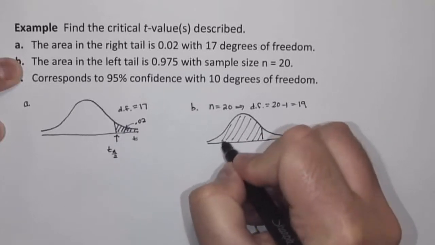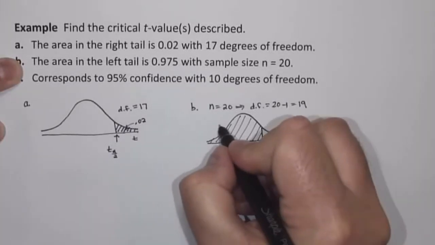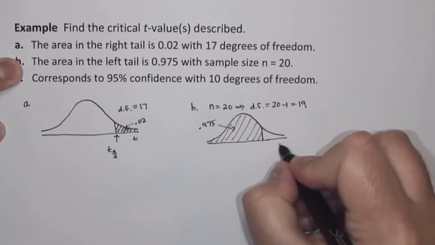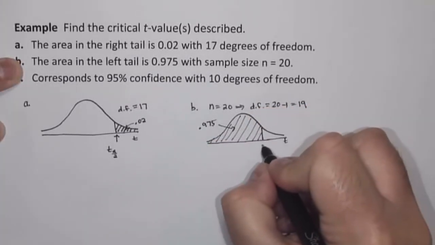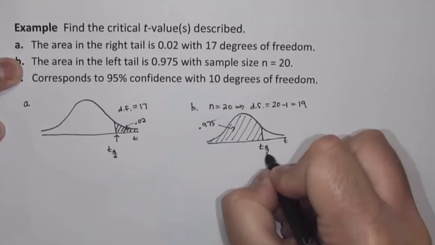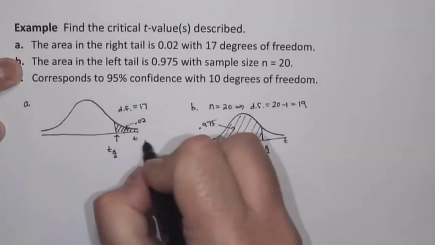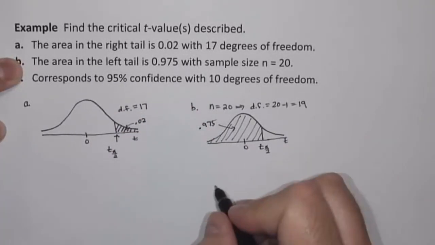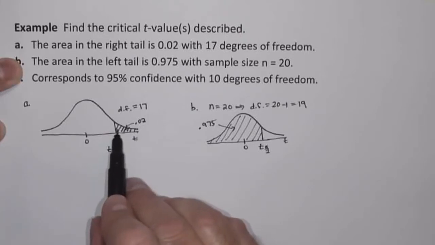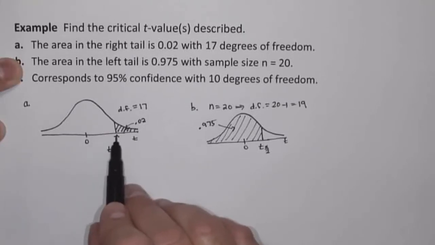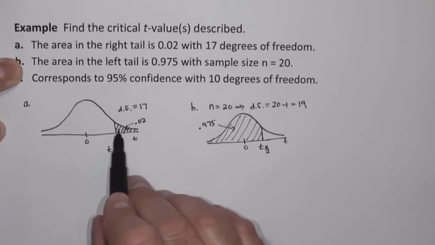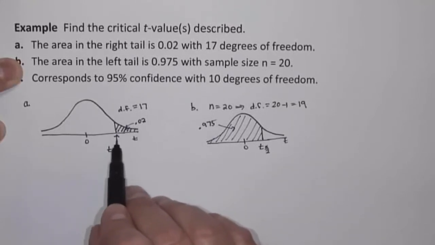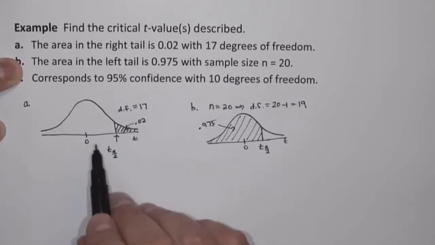So that means this area over here is 0.975. And I want to figure out what this t sub alpha over 2 value is. Incidentally, just like with the standard normal distribution, zero is here in the center. So if I know that the area in the right tail is 0.02, then I know that value has to be positive, because the only way we're going to have an area of 0.02 in the right tail is if that value is to the right of 0.